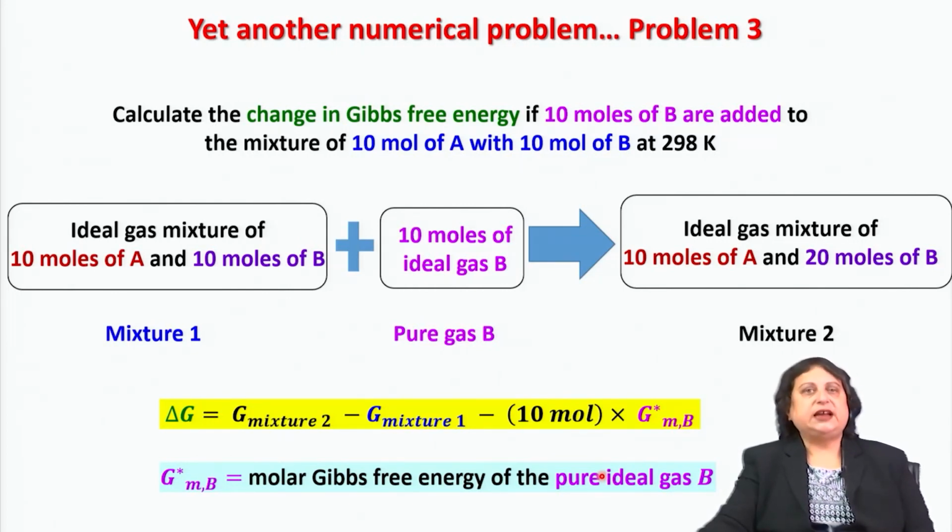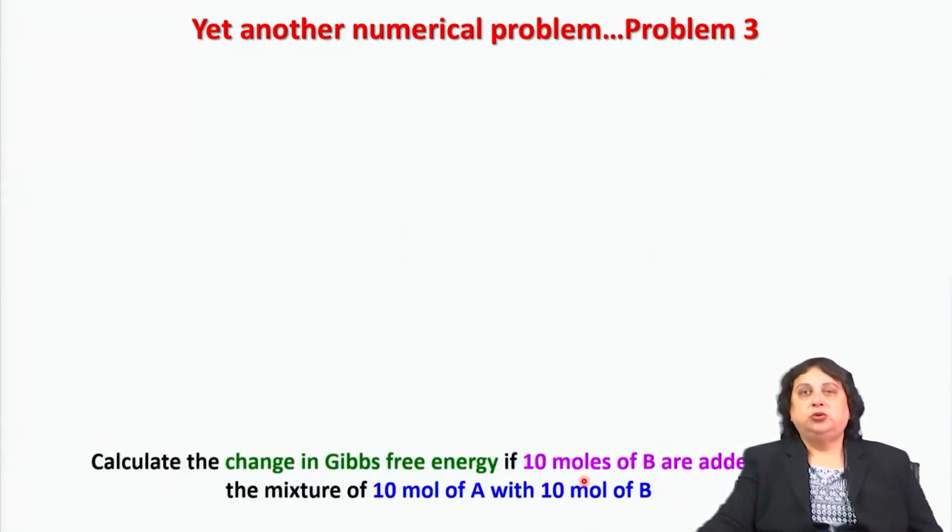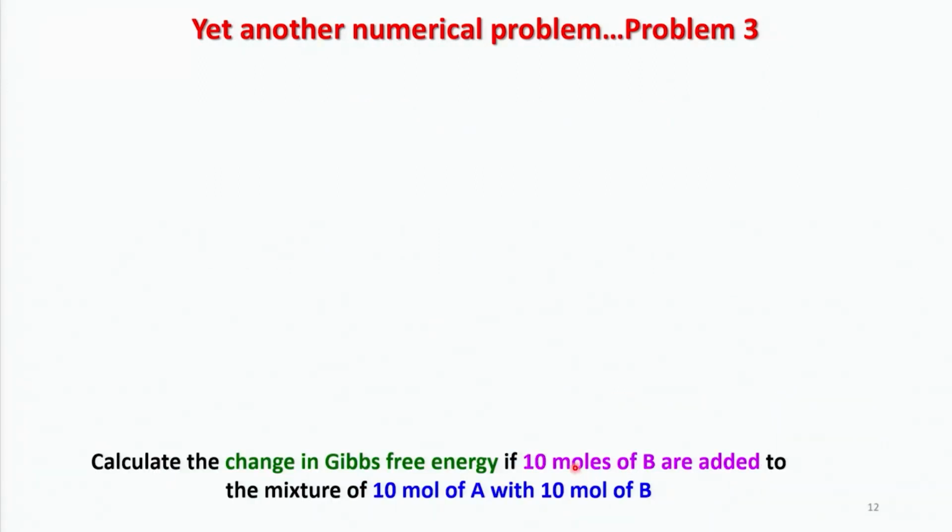Now, as you understand, there is no way I can directly evaluate delta G over here, but I know that from the working formula that I have, I can identify how to model this particular problem.